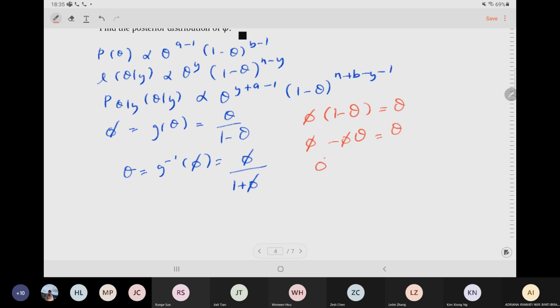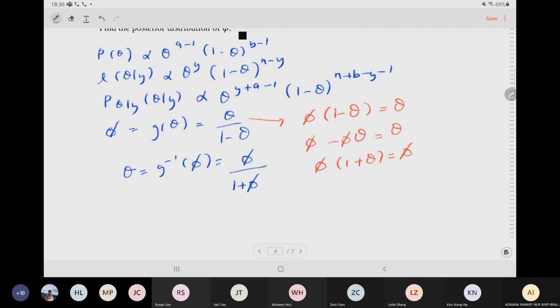You have theta times 1 plus phi equals phi. This is algebra, you have to move around your phi and your theta. The aim here is to get a function of your theta in terms of phi only. So your theta equals something which is in phi only. You have to move around this equation.